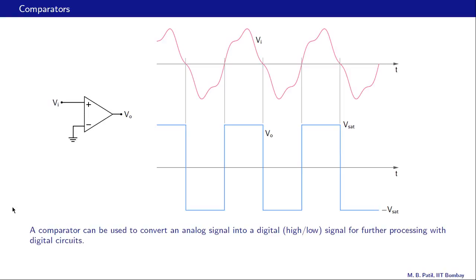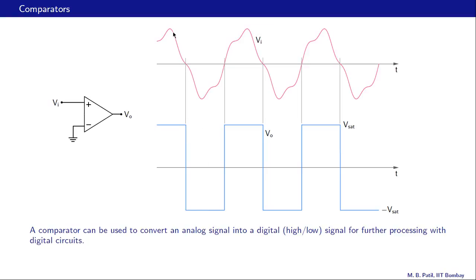Here is an example of how a comparator works. This is a signal Vi which is applied here. V minus is at 0, grounded, and if V plus, which is the same as Vi, is positive, then VO is high, otherwise it is low.